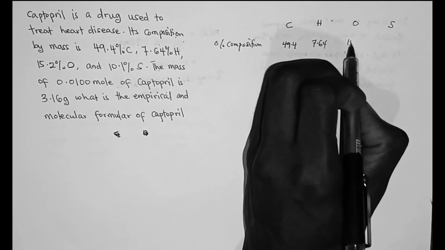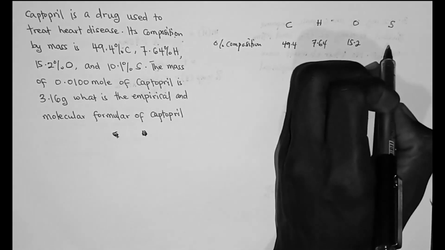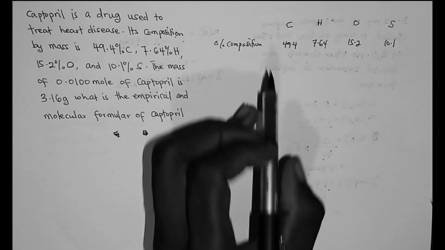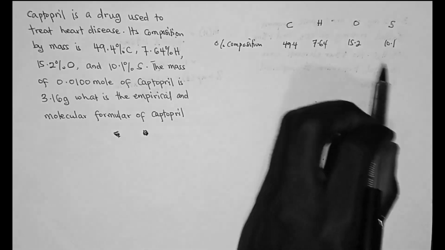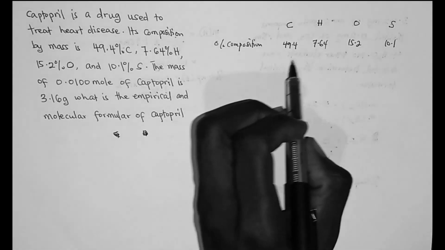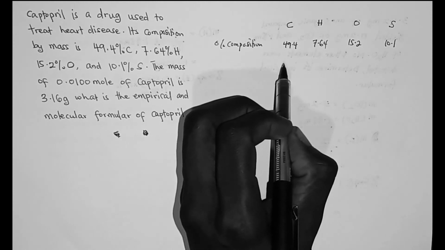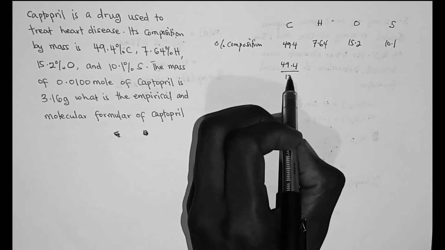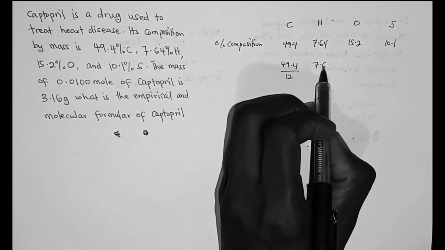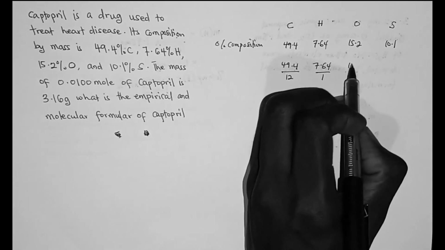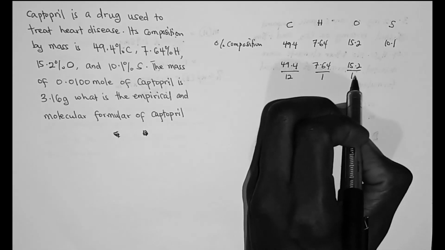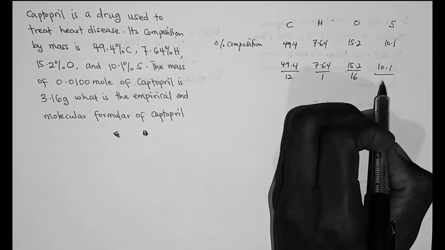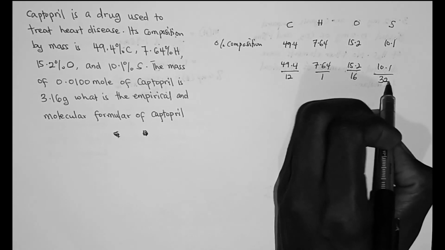Then oxygen is 15.2%, and then sulfur is 10.1%. The next step is to take all their percentage compositions and divide by their various atomic masses. So here it will be 49.4 divided by 12, 7.64 divided by 1, 15.2 divided by 16, and 10.1 divided by 32, the atomic mass for sulfur.